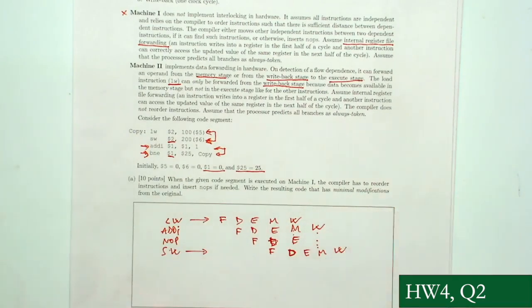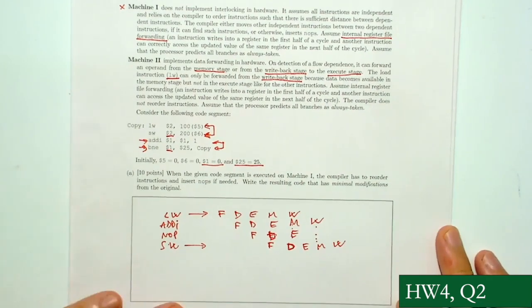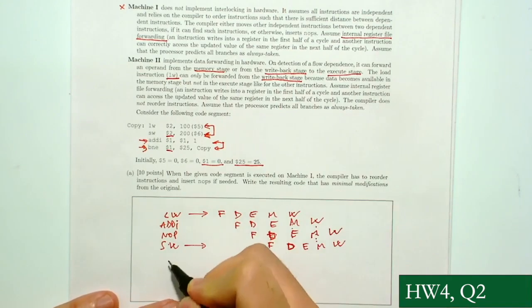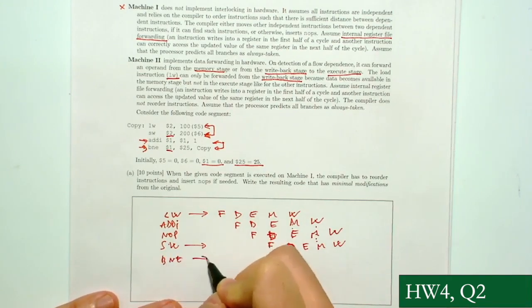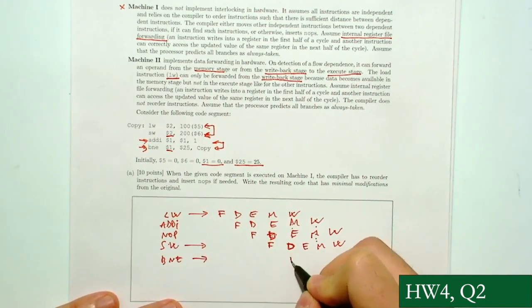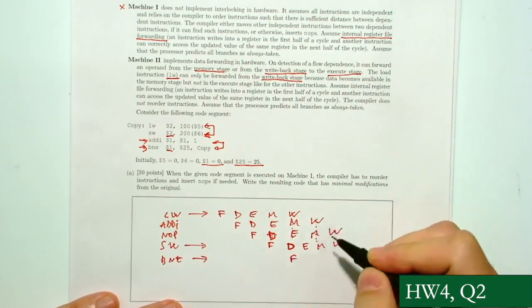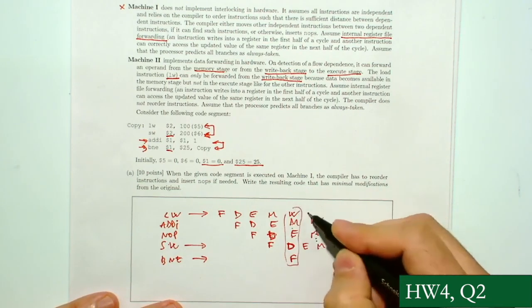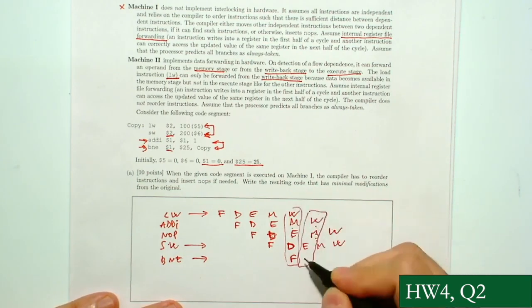Oh, I'm sorry. Execute, memory, write back. And the last instruction, branch, can fetch. So this is not very well aligned, but this is the decode phase.